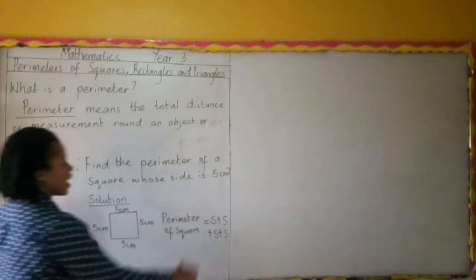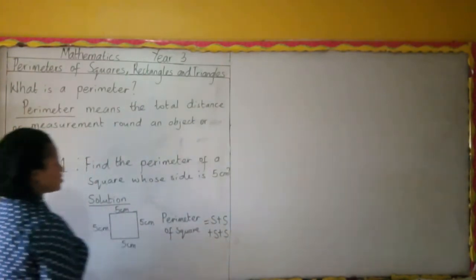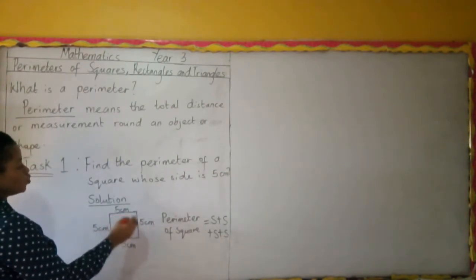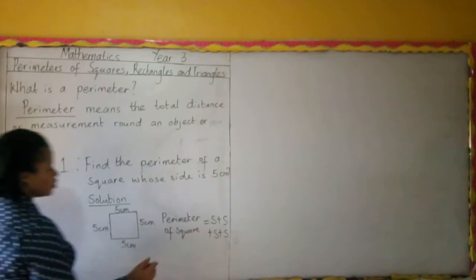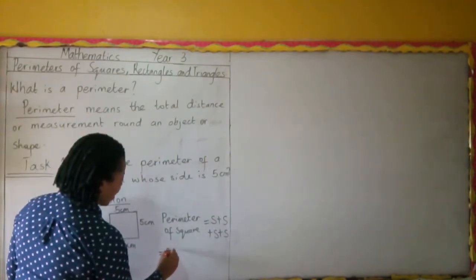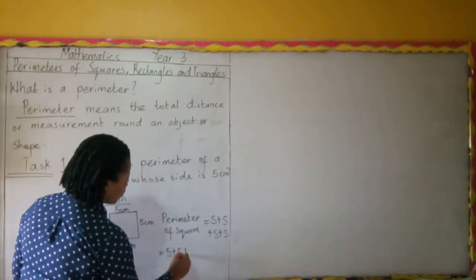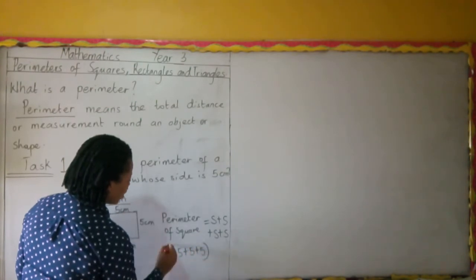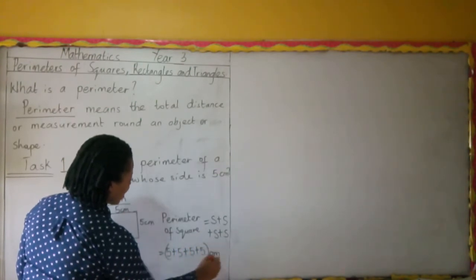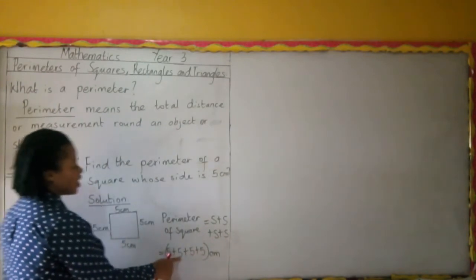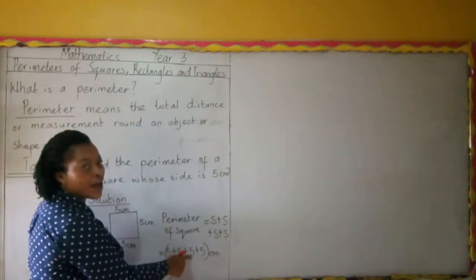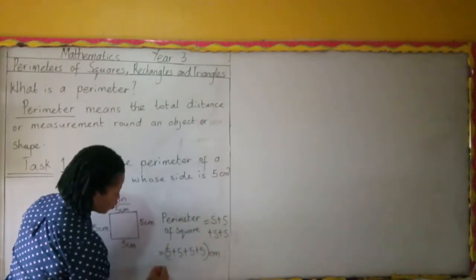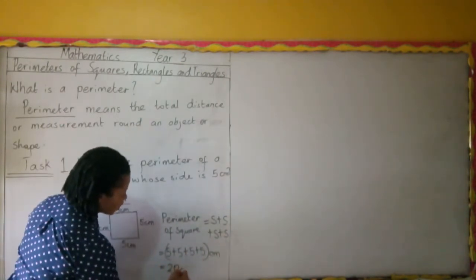You are going to add all the sides, and all the sides are how many in number? 4. 1, 2, 3, and 4. So that will give me 5 plus 5 plus 5 plus 5, all in cm. 5 plus 5, 10. 10 plus 5, 15. 15 plus 5, and that will give us what? 20. 20 cm.